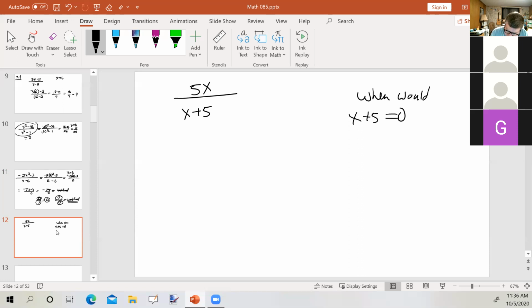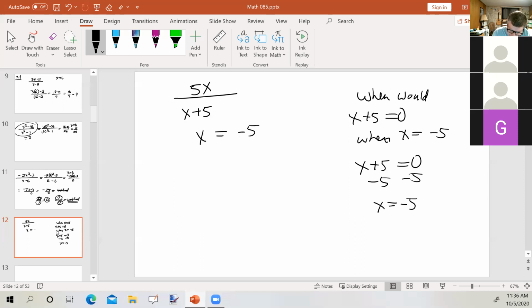When x equals -5, right? And what you could do is take this equation and solve it for x. So you'd say for x equals -5, because when x is -5, the denominator is 0, the expression is undefined. So here they're asking you to find the number or numbers that make it undefined.